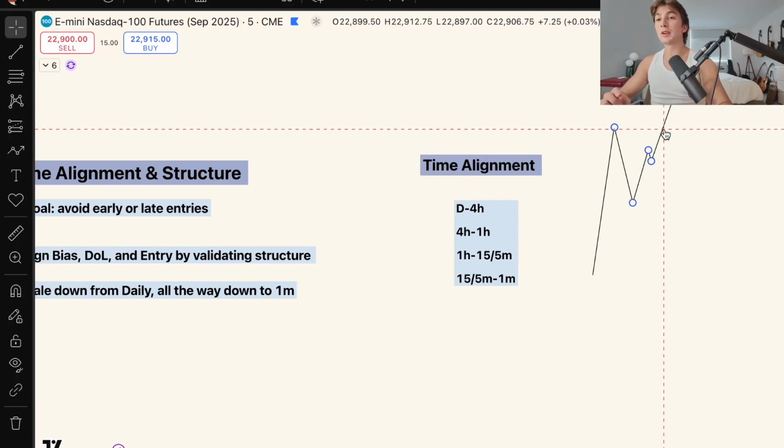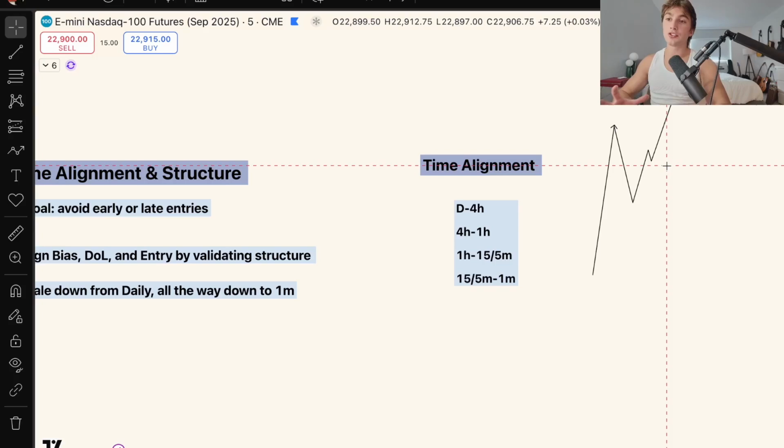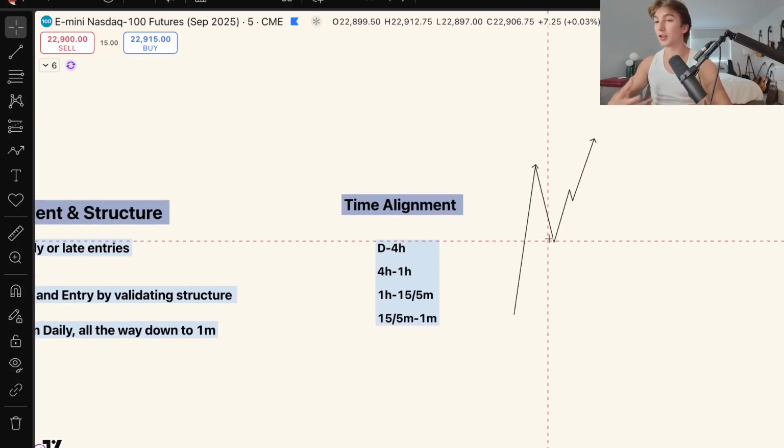But what I'm trying to say here is that you don't just want to take daily confirmation and run with it. You need confirmation by scaling down a time frame. Everything is fractal, right? So you need to use the other time frames to help form and validate your biases, your drawn liquidities, and everything.